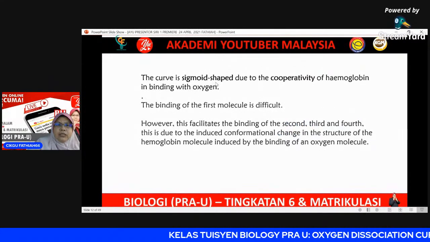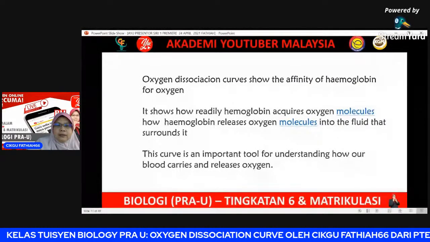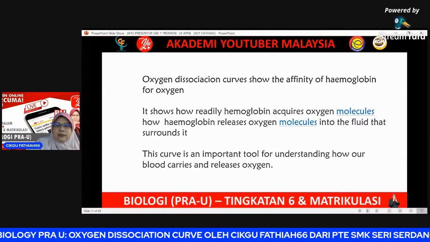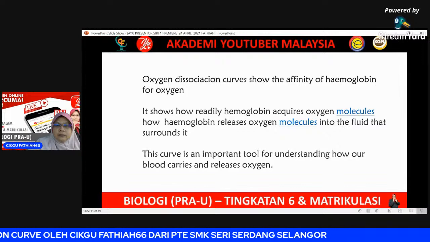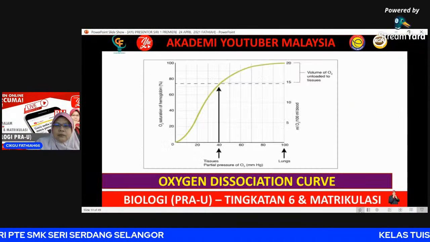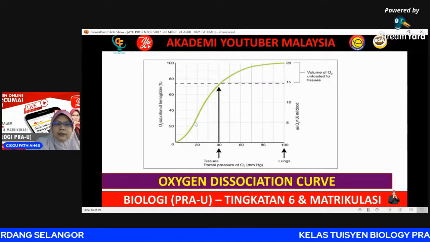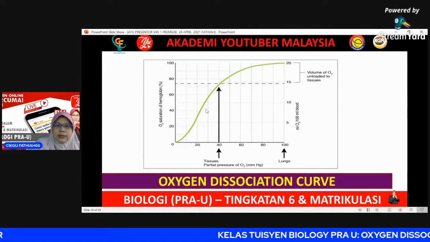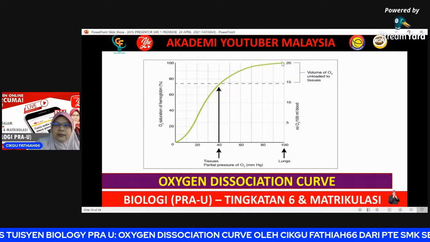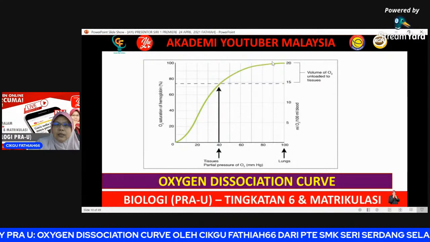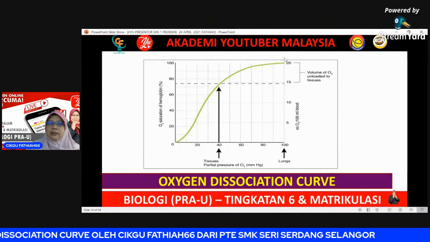The curve is sigmoid in shape. If you observe this graph, the shape of this curve is sigmoid. It is not linear. If it were linear, when we increase, it would keep increasing with no limit.